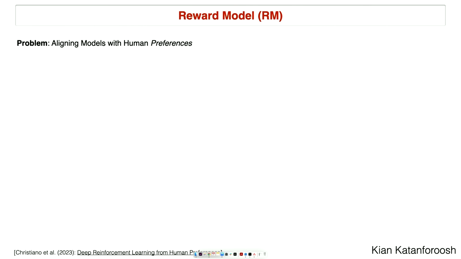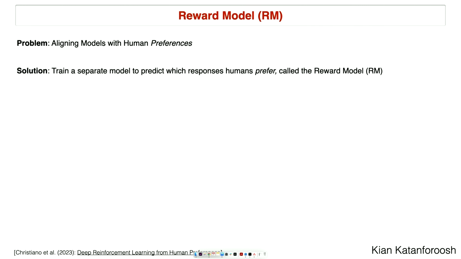So let me talk to you about the RM, the reward model, and then I'll tell you about RLHF in a nutshell. The problem of RLHF is to align not with human responses, but with human preferences. So we're going to train a separate model to predict which responses humans prefer, and we're going to call that model the reward model.